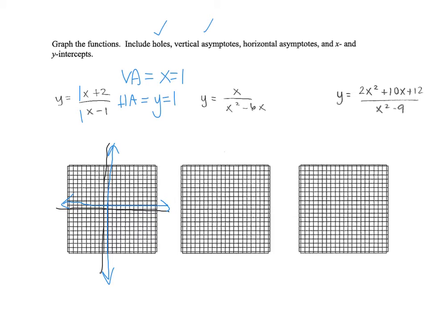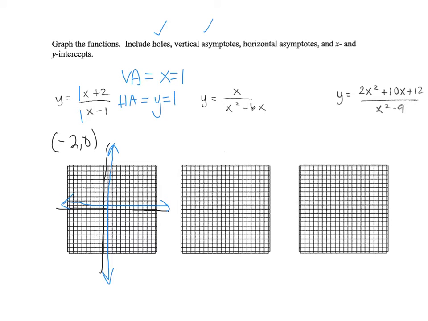And then I'm going to find my x-intercept. Put y equals 0. So it's going to be negative 2. So my x-intercept is (negative 2, 0). And for my y-intercept, I set x equal to 0.